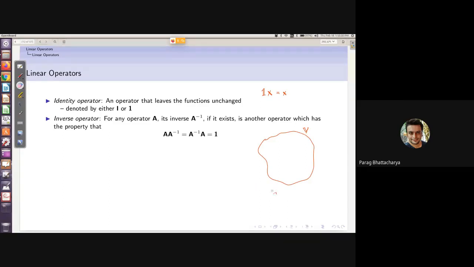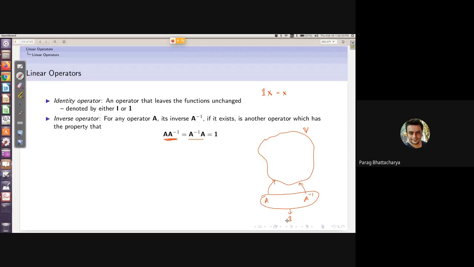Then on the same vector space, there will be another operator which we call A inverse, such that when I multiply these two operators, either A A inverse or A inverse A, the multiplicative combination of these two operators will give me the identity operator.